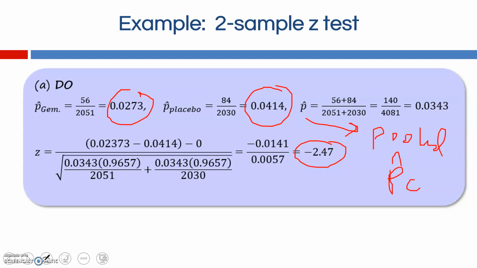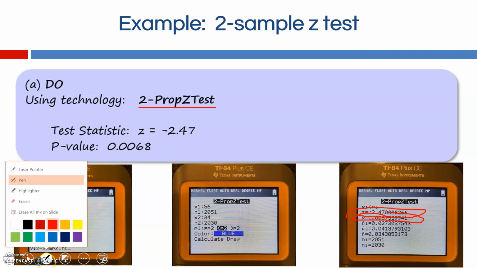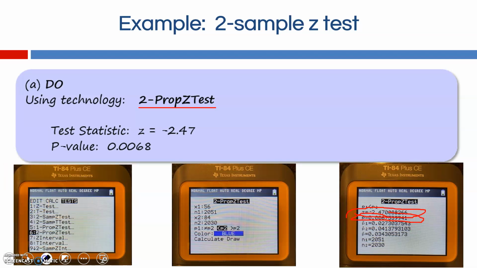Okay, so let's do that here before we run out of time. 2 prop z-test gives us a test statistic of negative 2.47. The p-value listed right below it is 0.0068. So those are what you want to write down if you are going to use this on the AP exam.